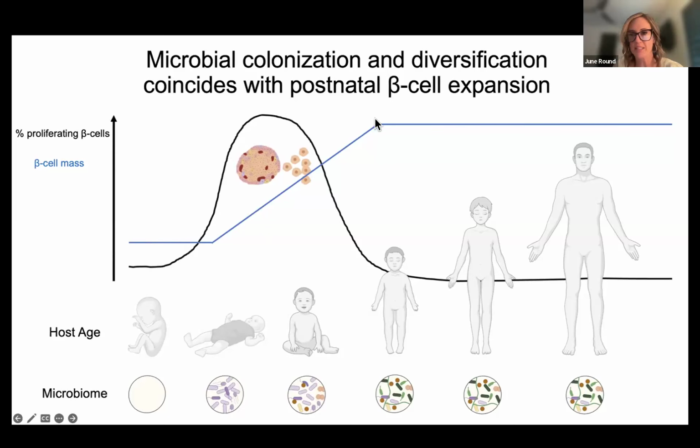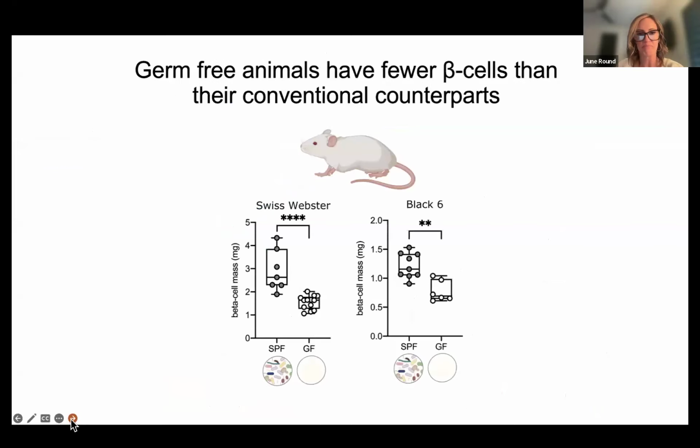And it really sets essentially the number of beta cells that you'll have for the rest of your life. And again, beta cells don't replenish very well over time. So this developmental window is really important for producing the beta cells that you'll have for the rest of your life. And coincidentally, it also coincides with a really important time frame where you're acquiring and diversifying your microbiota. So these two events are occurring at the same time.